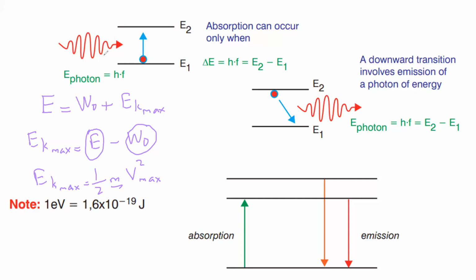We have absorption and emission here. Emission means the opposite: now from higher level to lower level. Electrons are moving, but this time they don't need energy. They are going to give off energy. Those extra energies, they are producing energy. So energy is released, and this is the same formula, hf, but we are not busy with work function or threshold wavelength here.